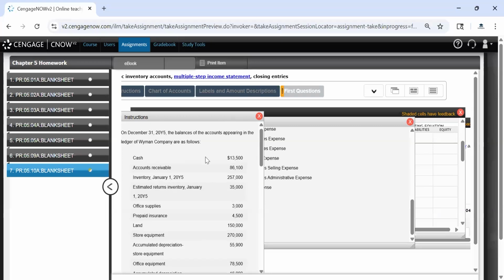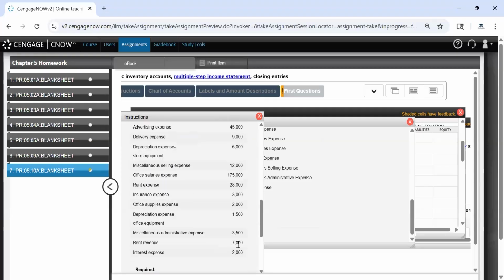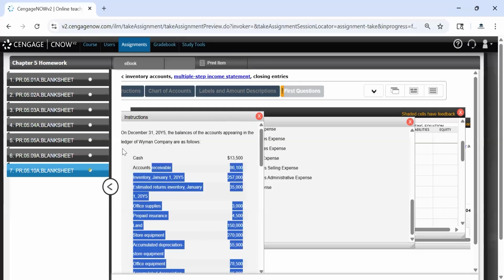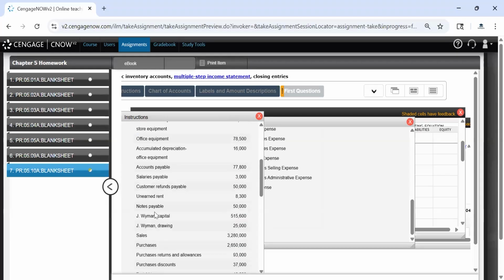Also, because we're not adjusting our inventory, we don't have our ending inventory on the balances here. That's because ending inventory gets adjusted as part of the closing entries when we close out these purchases. Closing it out, this is related to cost of goods sold, but it's also related to the inventory that we need to have at the end of the year.